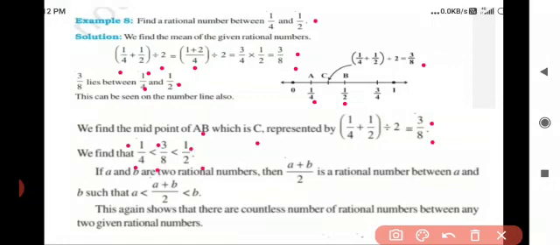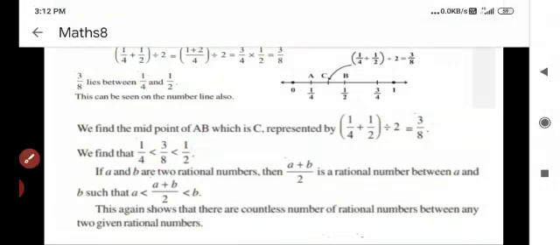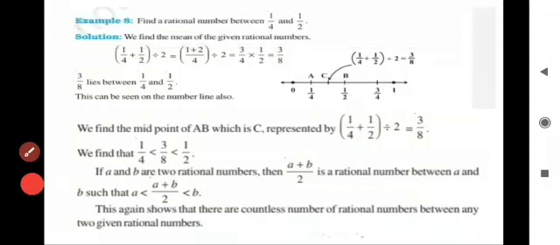So if A and B are two rational numbers, then A plus B divided by 2 is a rational number between A and B, such that A is less than A plus B divided by 2, which is less than B. This again shows there are countless rational numbers between any two given rational numbers. That is another method.